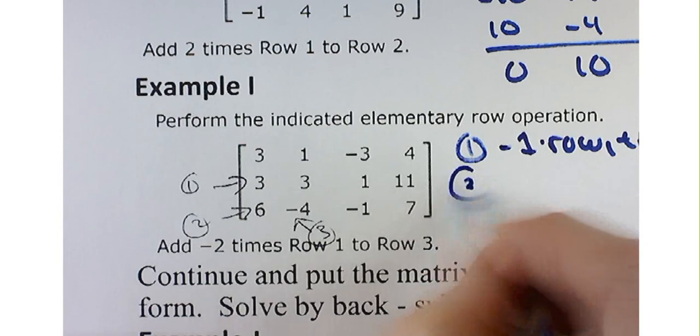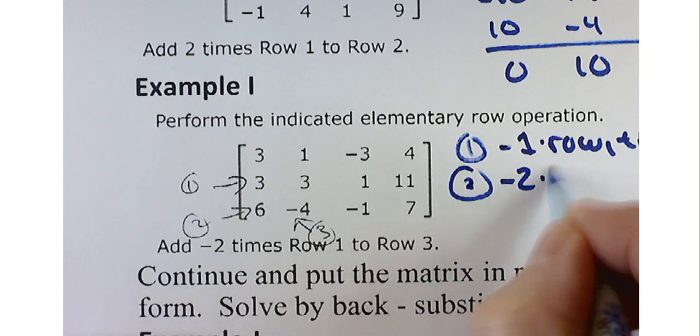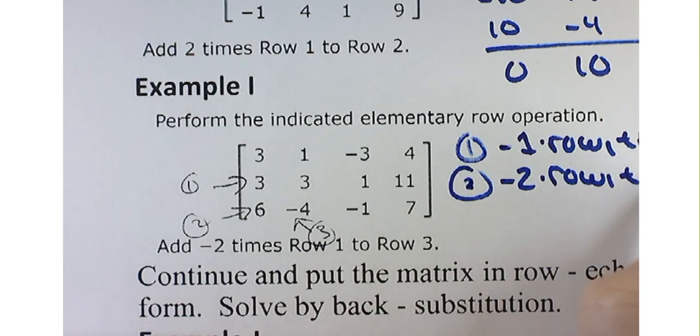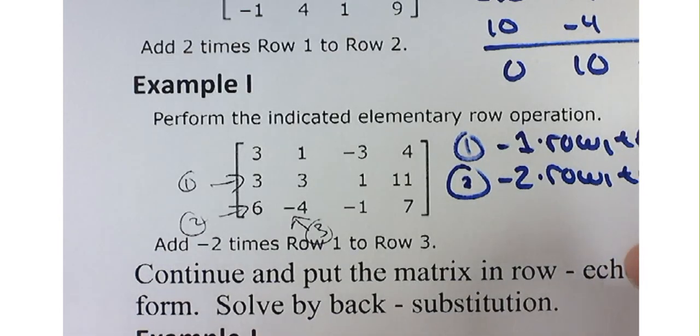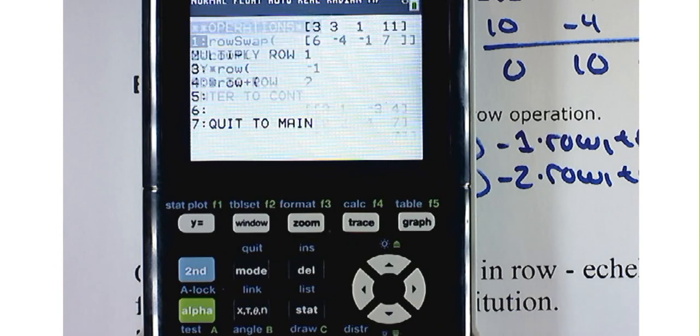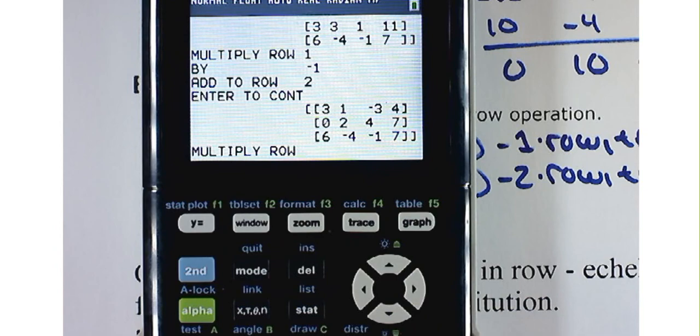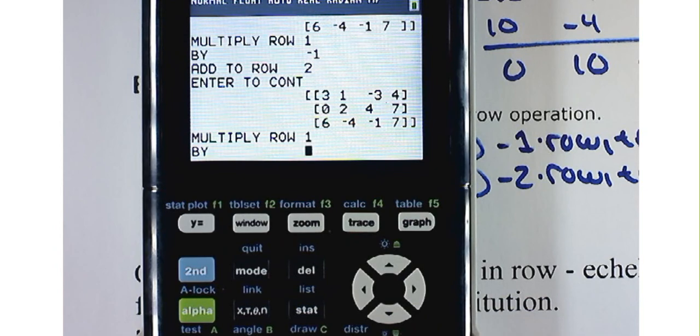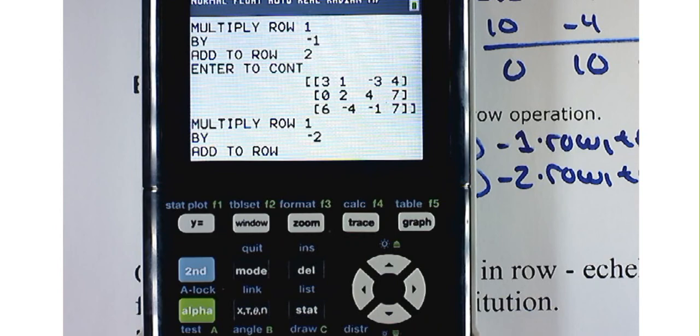For that second operation, I'm going to take -2 times row 1 and add it to row 3. So I'll press enter to get back to my menu, and then select option 4, multiply row 1 by -2 and add to row 3.